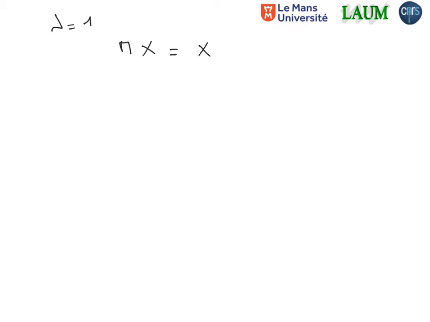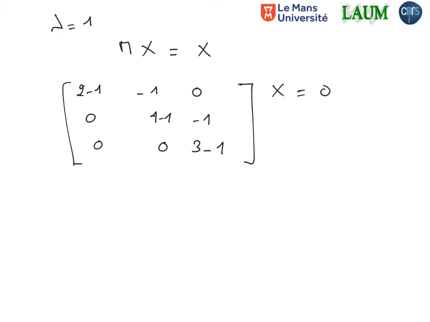So Mx equals x, and if I rewrite this in a general form, this is the matrix with 2 minus 1, minus 1, 0, 0, 1 minus 1, minus 1, 0, 0, and 3 minus 1, times x equal to 0. To obtain this formula, I have my matrix M times x minus x, which is this minus 1 here and here.